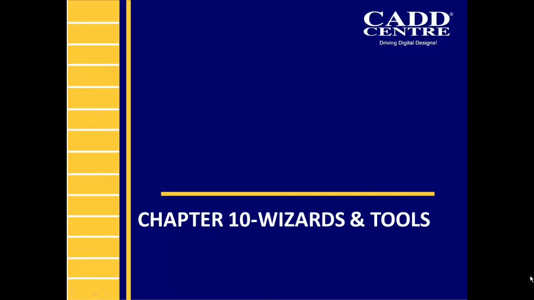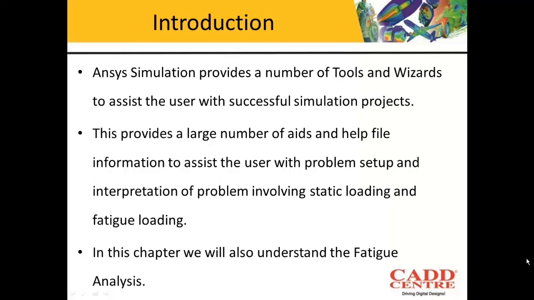Now let us first understand what these wizards and tools are, and then we will see how to work with them. In Ansys Workbench, we have a number of tools and wizards available. These tools and wizards are there to help the user complete the analysis process, by following the rules and the steps.